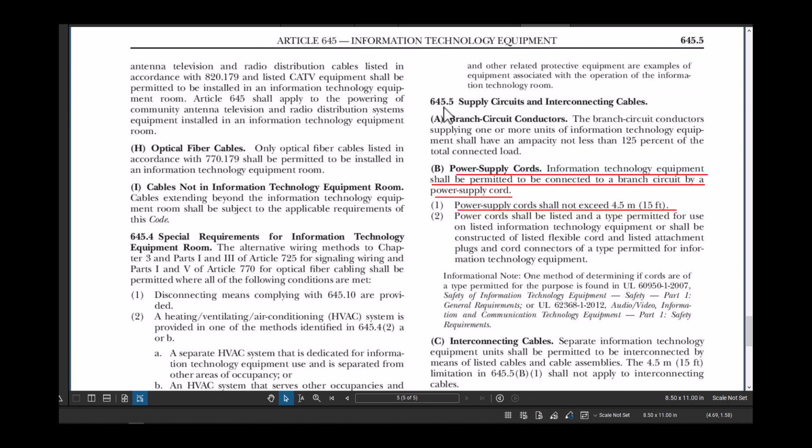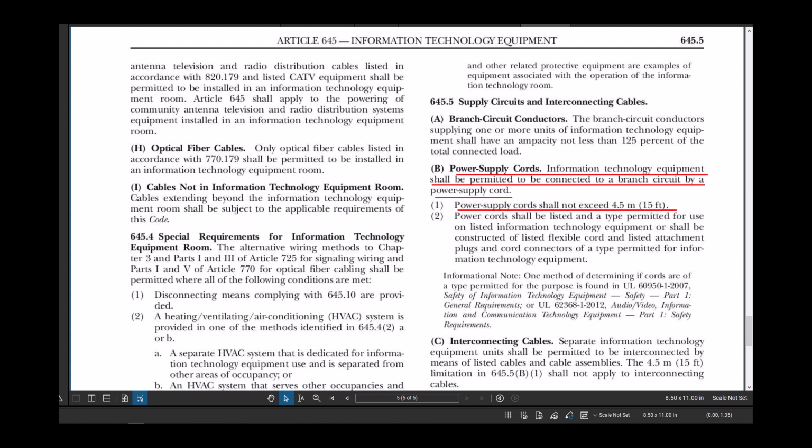When we go to 645.5, which is what the NEC referred us to, we have branch circuit conductor, which says it should not be less than 125%, but power supply cord, it says power supply cord shall not exceed 15 feet, which is exactly what we have, because here it says information technology equipment shall be permitted to be connected to a branch circuit by a power supply cord, which is the combination of these two red lines we have in our question.